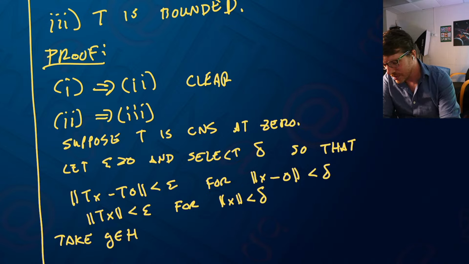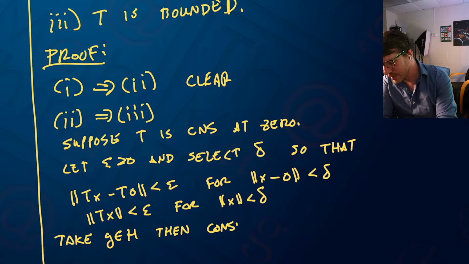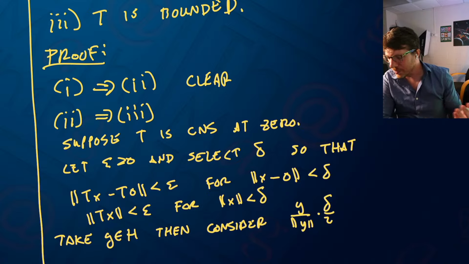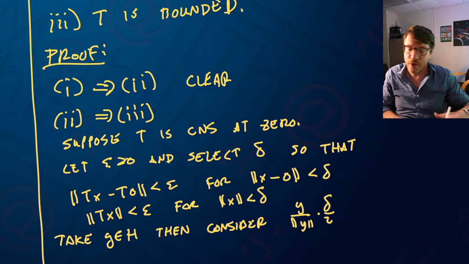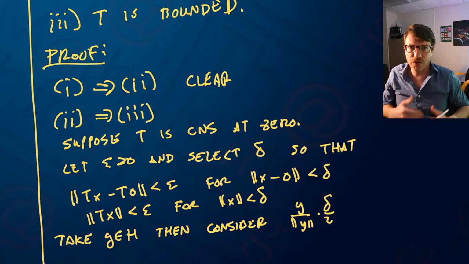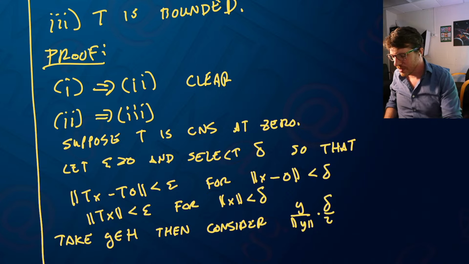And so I then consider y divided by norm of y times delta over 2, which has norm less than delta, because y divided by norm of y has norm 1, and so this altogether has norm delta over 2, which is less than delta.